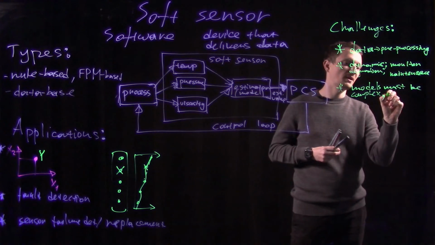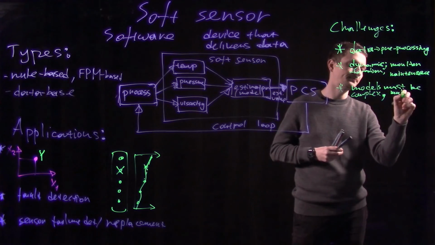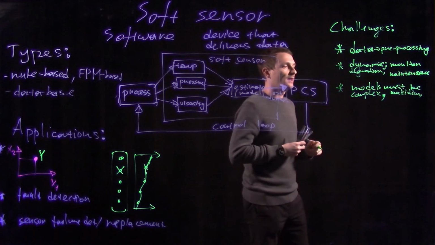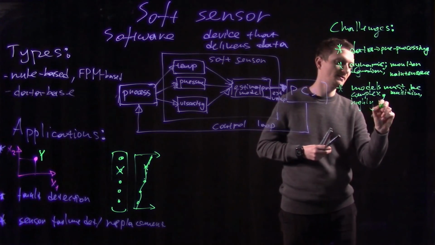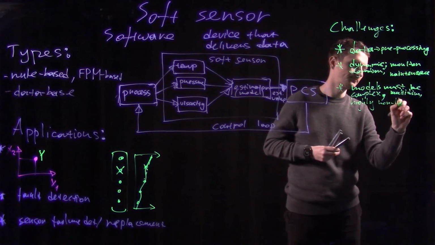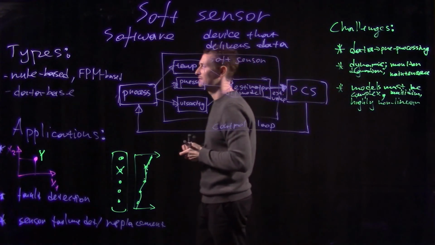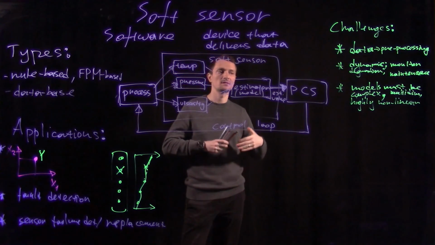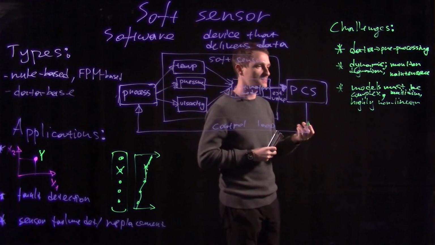Moreover, they might be, or in most cases, they're multidimensional. And they are also highly non-linear. And exactly such types of models we need to create to be able to build a soft sensor that is more or less performant for our processes.